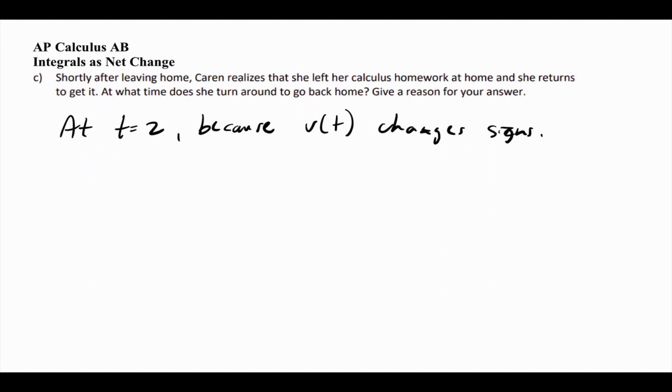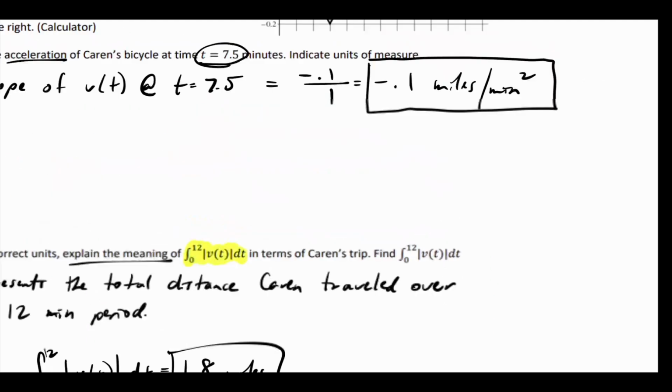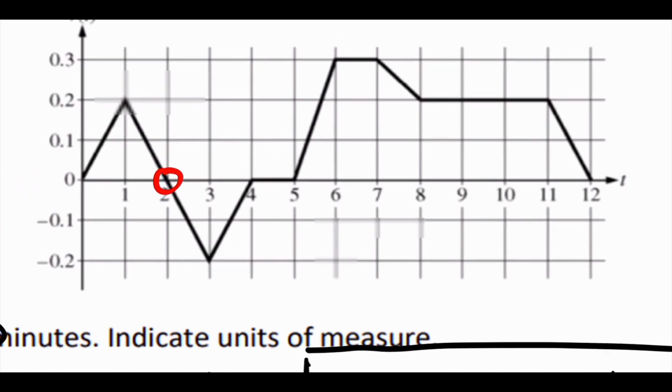There's another time it's 0, right? Where else is it 0? Yeah, it's right here. What's going on here? She's at home. She's not going anywhere. From minute 4 to 5, she's getting her homework.